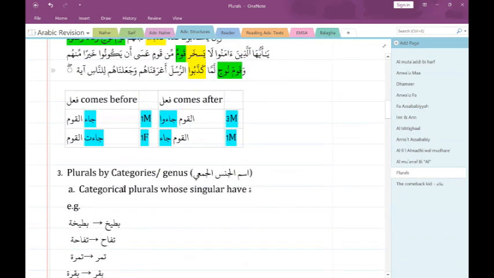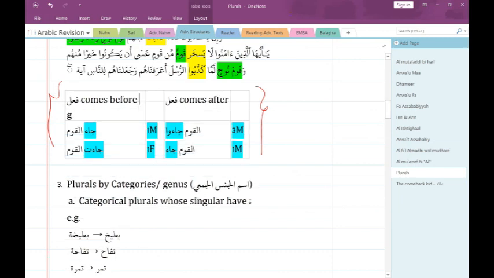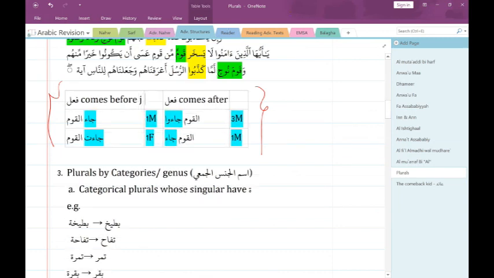Let's look at this table here so that we can understand what is being said. So when a fi'il comes before, technically, this is the jumla fi'liya. I don't like to do that, but I think for understanding it'll be easier. So this is the jumla fi'liya.